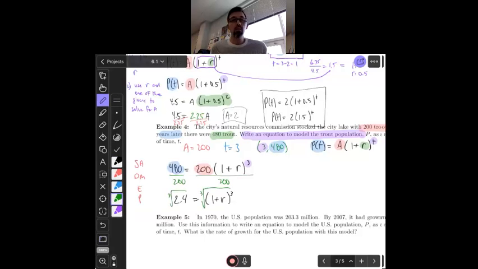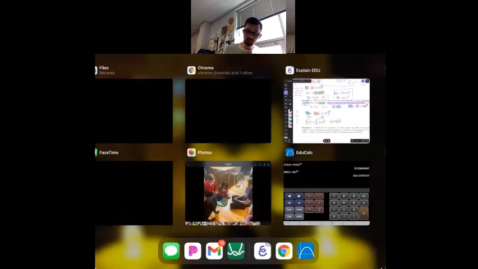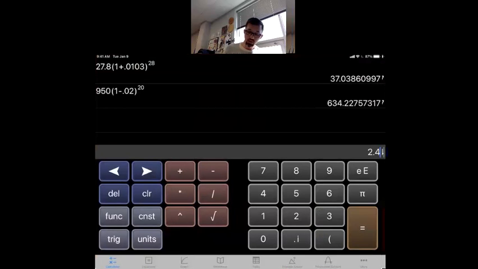Most of you don't have a cube root button on your calculator. And we're also going to be doing other roots later, like a 5th root or a 12th root, and there's no button for that on calculators. So what we're going to do instead is take 2.4 to the 1/3 power. As we type that, 2.4 caret 1/3, make sure you put parentheses around that exponent: 2.4 caret 1 divided by 3.